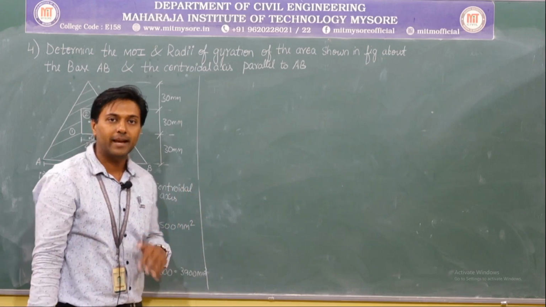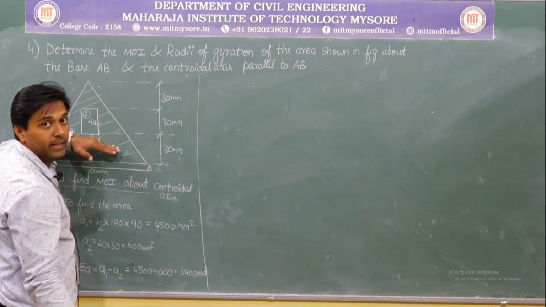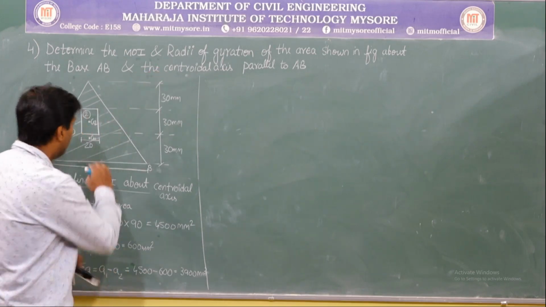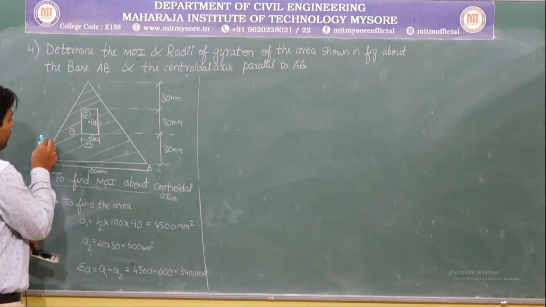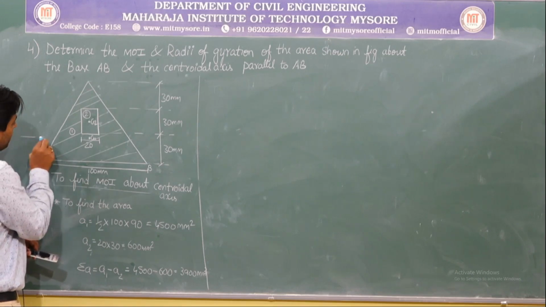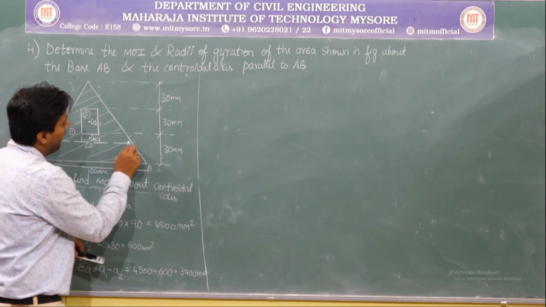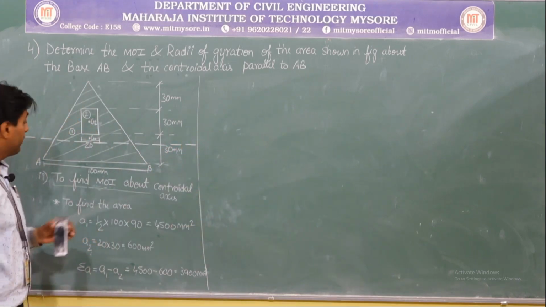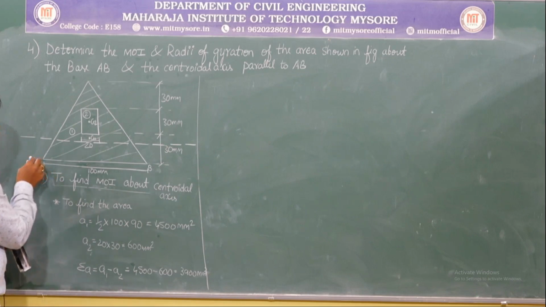Directly they have asked us to calculate only about the centroidal axis parallel to AB. I think you people know where the centroidal axis lies. I don't know at what distance it will lie, for the time being I will mark it like this.